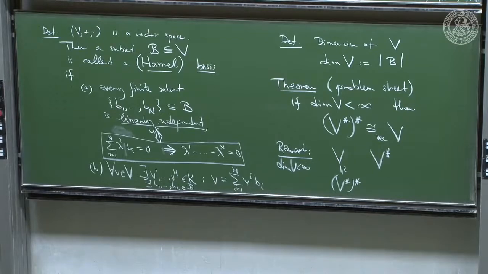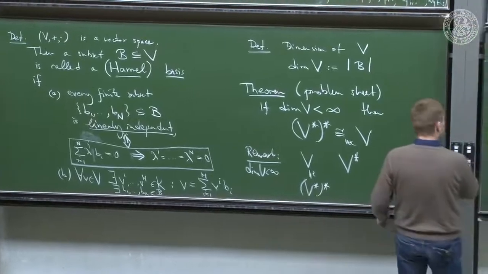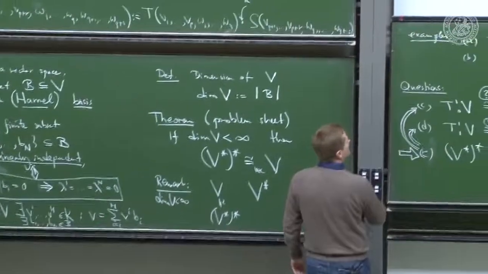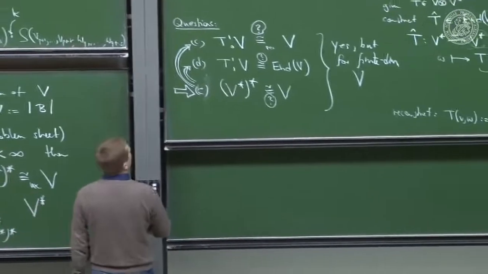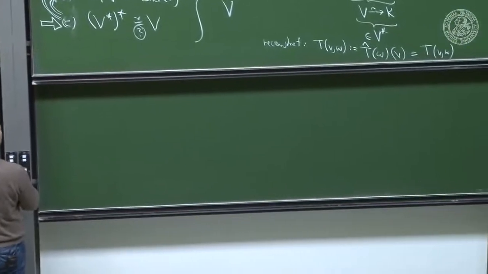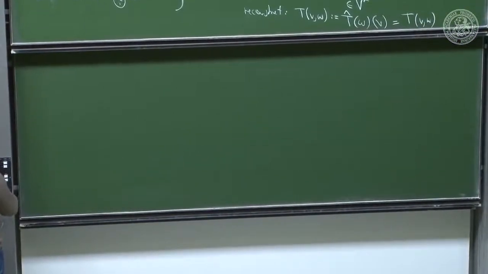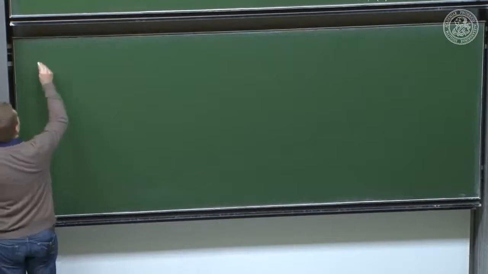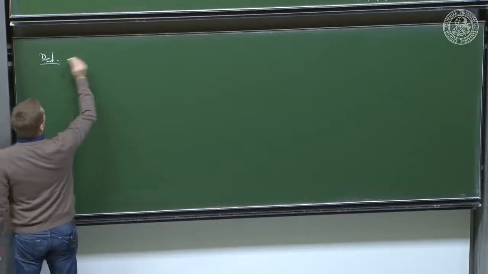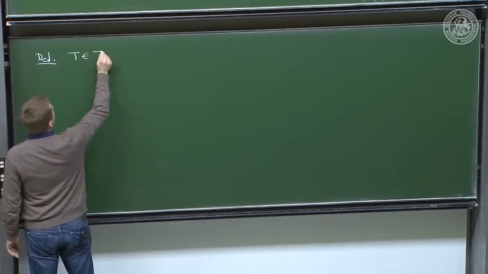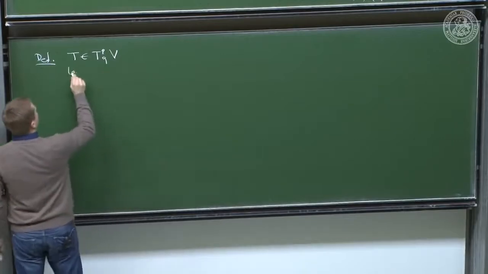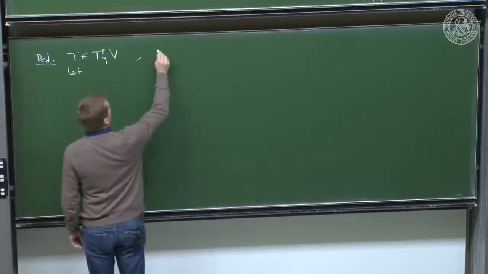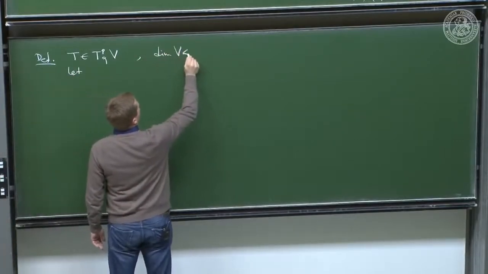Now, once we have a basis, for instance, we can define what we mean by the components of a tensor. So the components of a vector, I already said what I mean, but this can be generalized. Definition. Let T be a (p,q) tensor over some vector space, and let V be finite dimensional.